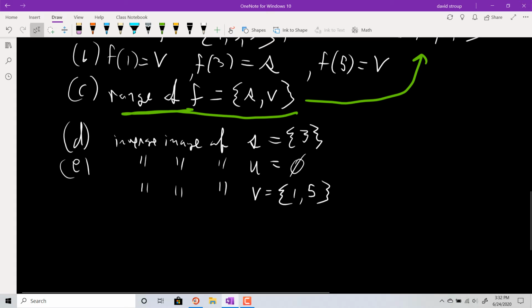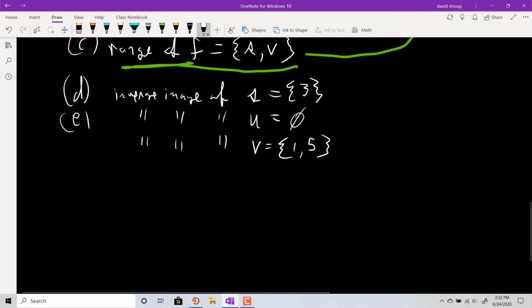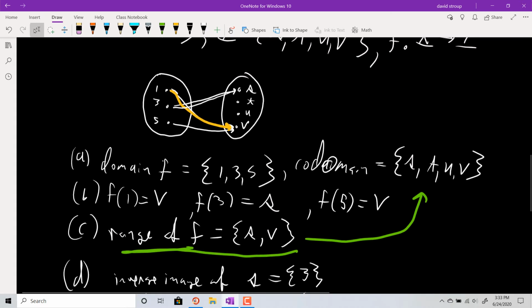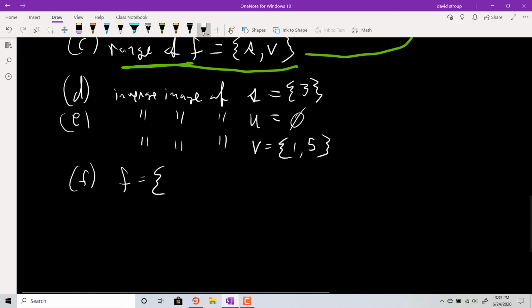Okay. Then part F, they want you to write the function as a set of ordered pairs. So f is going to equal, and what you do is just put all of the endpoints of the arrows into here. So 1 comma, the yellow arrow in the diagram at the top there is going from 1 to V, so you would put 1 comma V. There's an arrow going from 5 to V, so you put 5 comma V, and then the last arrow 3 to S, so you put 3 comma S. Okay.